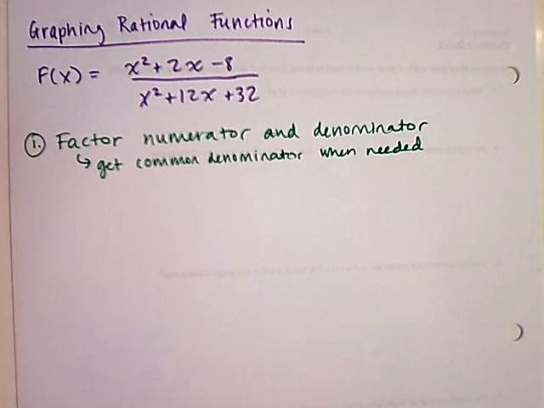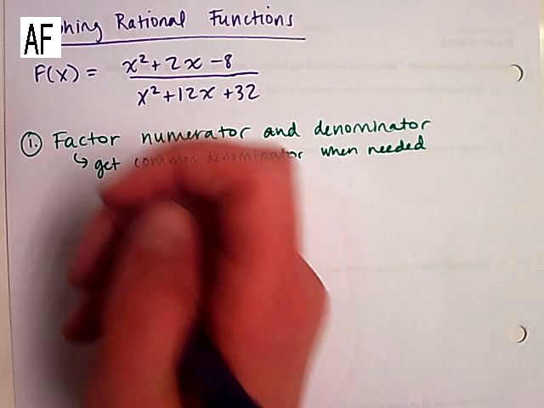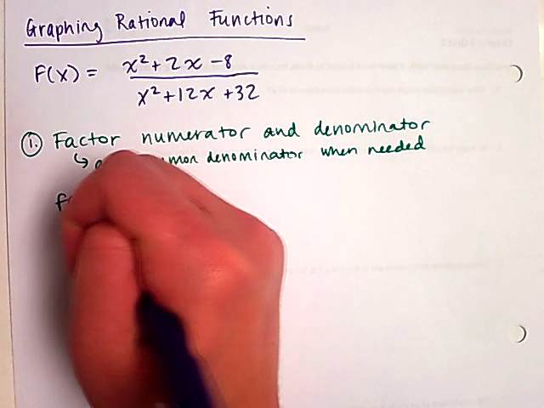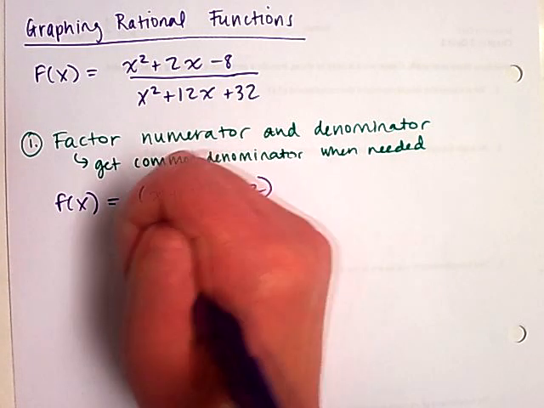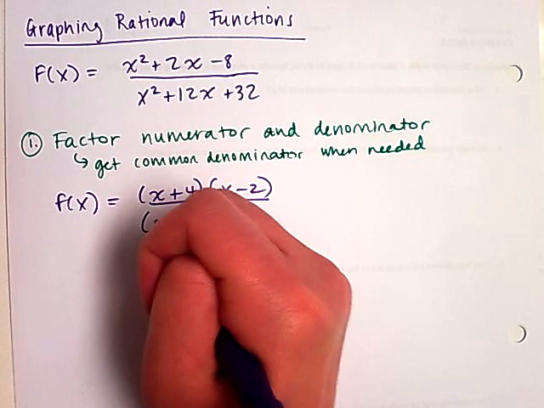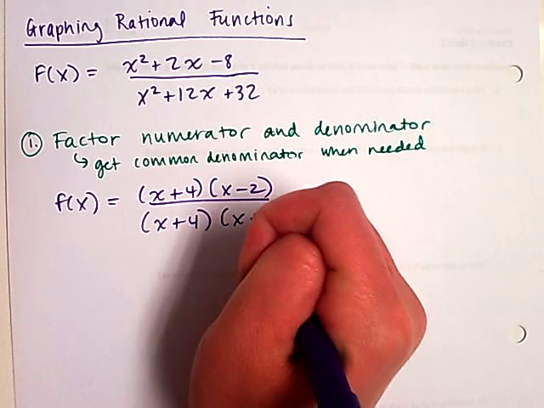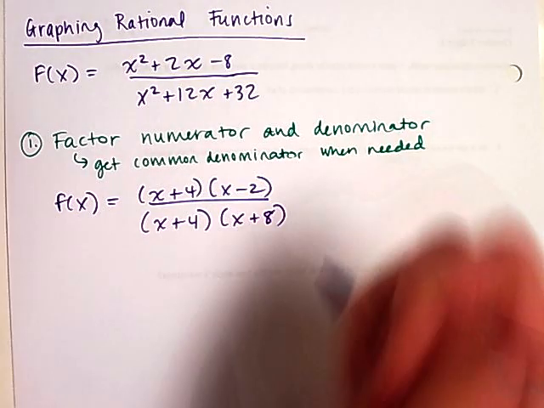But we don't need to do that in this case since we just have one fraction term. So f of x becomes, if I factor the top, x plus 4 times x minus 2. If I factor the bottom, I get x plus 4 times x plus 8. So that's all I'm doing in this first step.